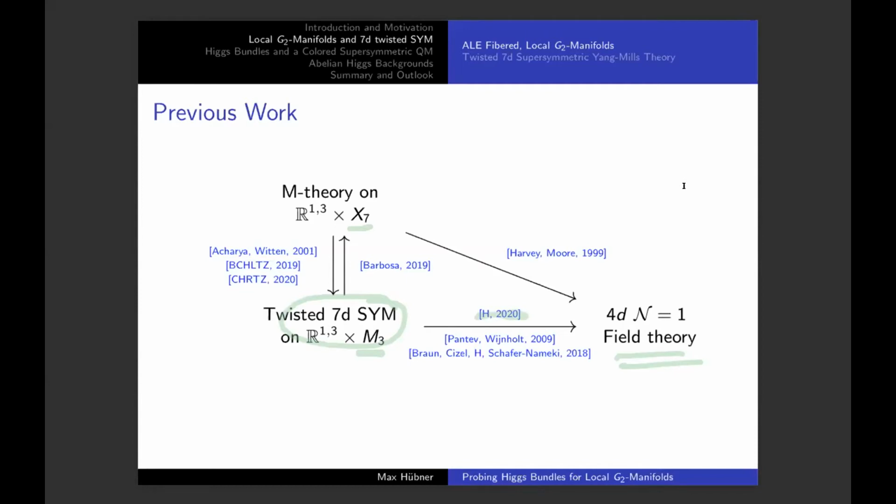Namely, in this work, I introduce colored supersymmetric quantum mechanics, which captures all the information in this compactification, including non-perturbative effects in correspondence with all M2-brane instantons. But before telling you about this, I need to tell you a bit more about this 7-dimensional super Yang-Mills theory.